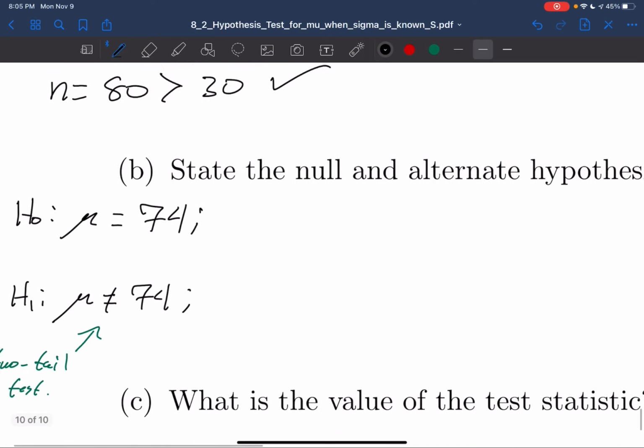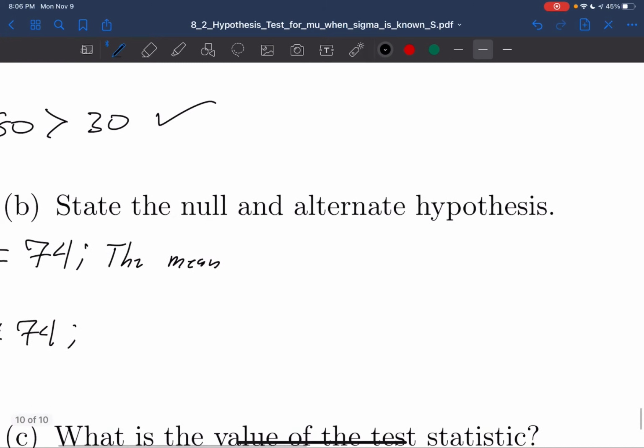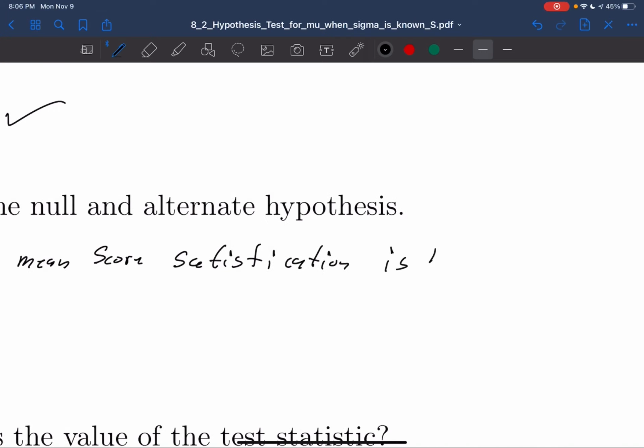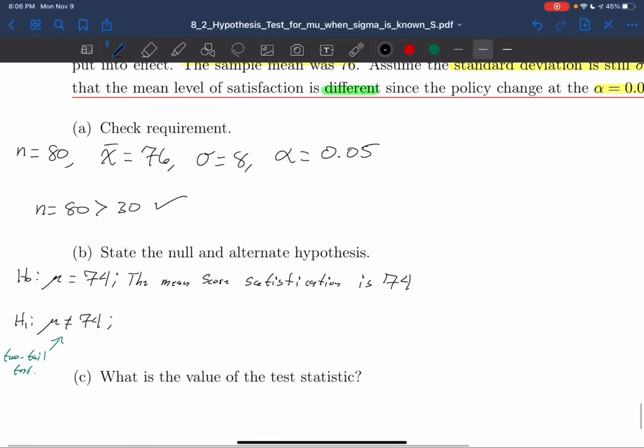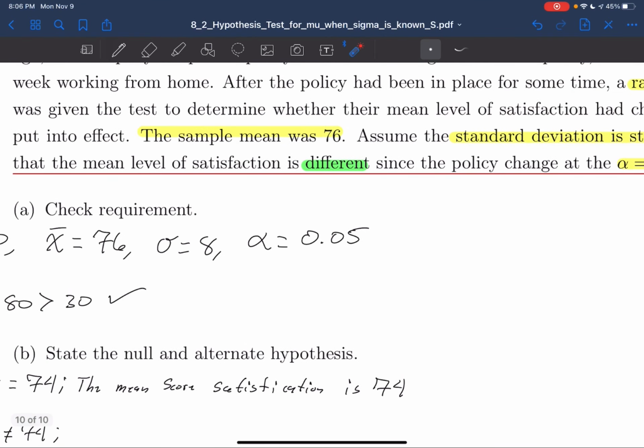So what is our null and alternative hypothesis saying? Here, our null hypothesis is saying that the mean satisfaction score is 74. But the alternative hypothesis is just saying that it could be different.